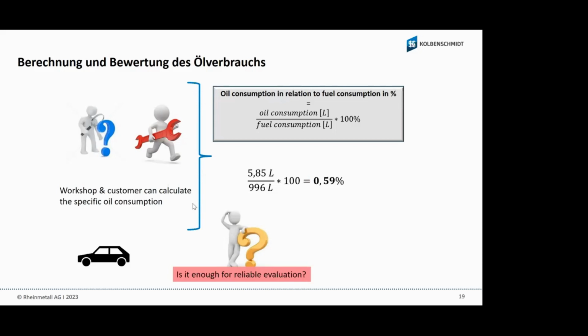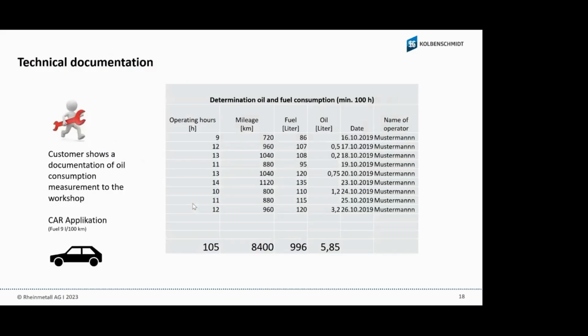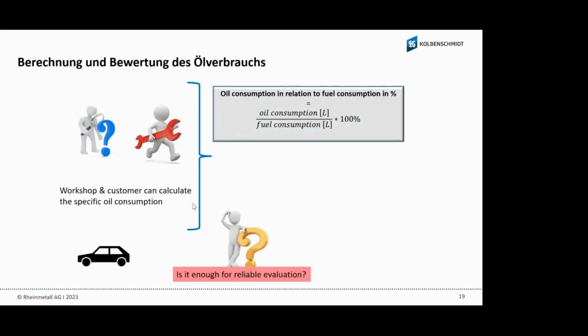One question: is this enough to give the customer the right information? Yes, this engine has oil consumption. Do you know how they used the engine exactly on the road, or what they did with the engine? Only with this calculation and when you make the evaluation, do you know it?